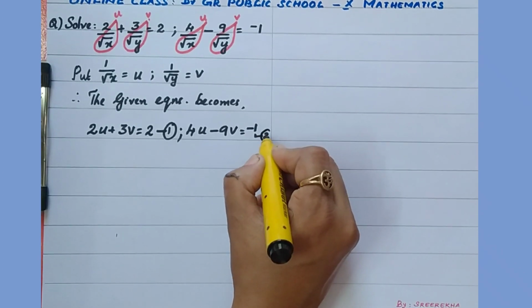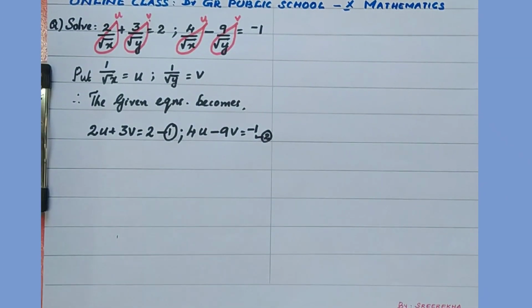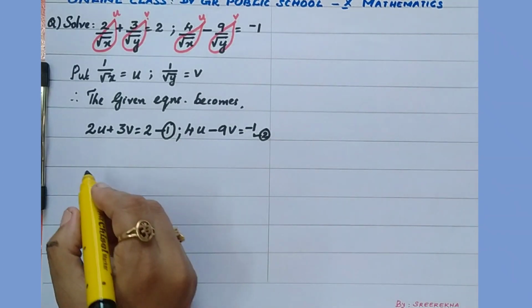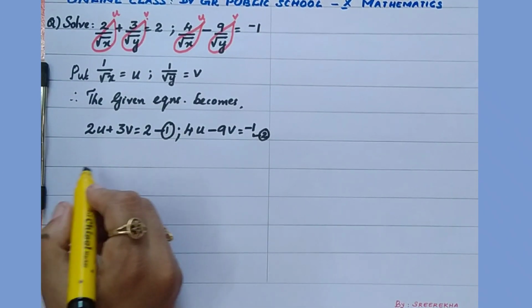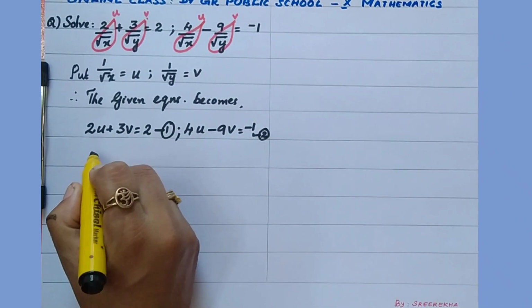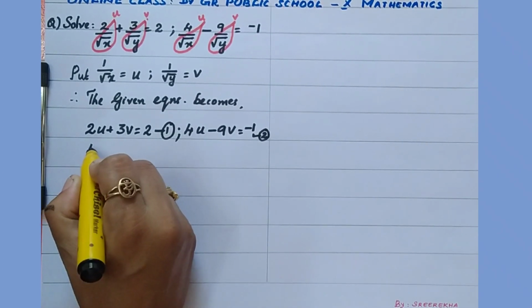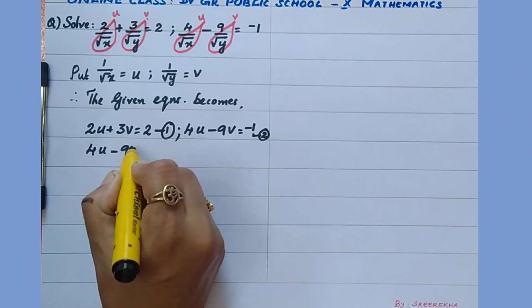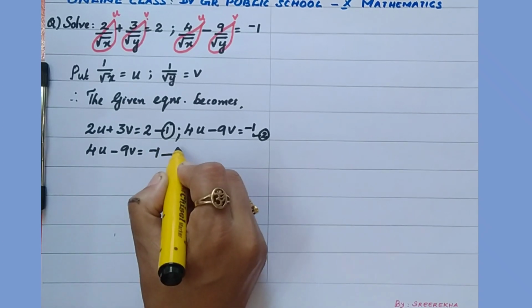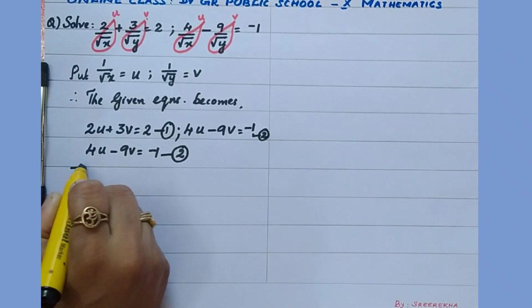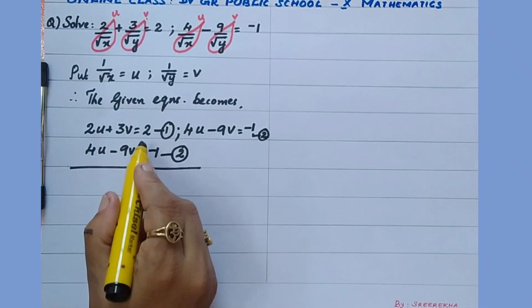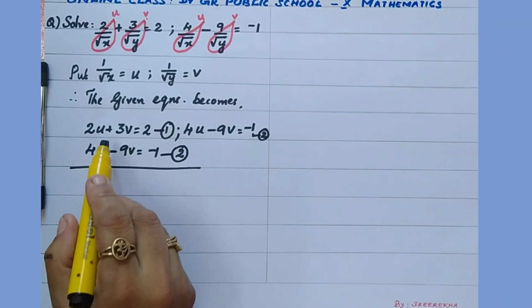This is your equation number 2. Now these two are two linear equations which get transformed. Now what you can do, I am going to write this equation again: 4u minus 9v equals minus 1. This is your equation number 2. Now these are two linear equations in the variables u and v.